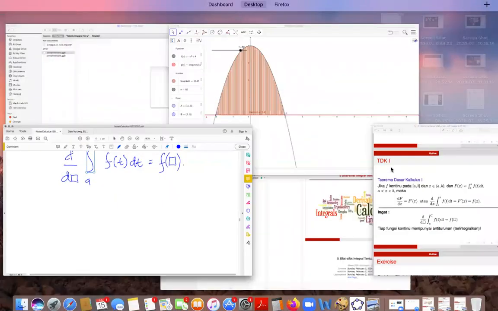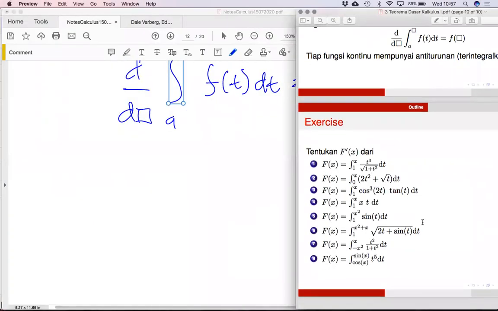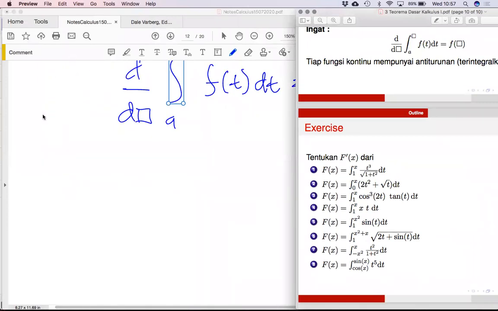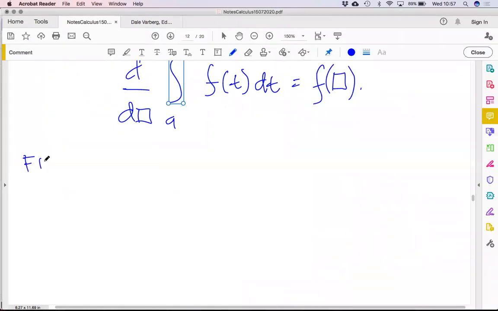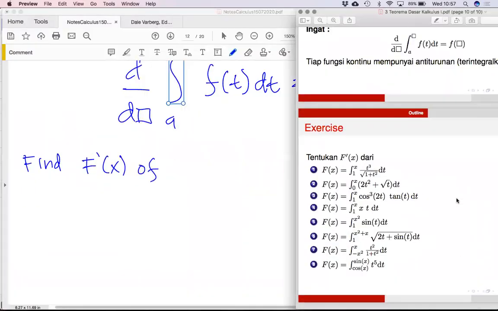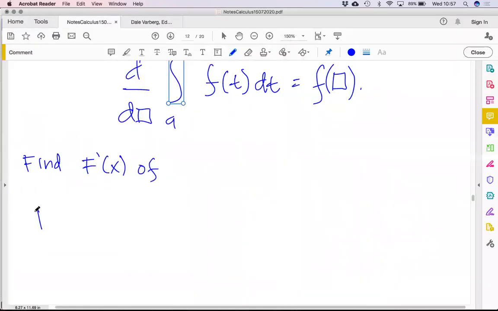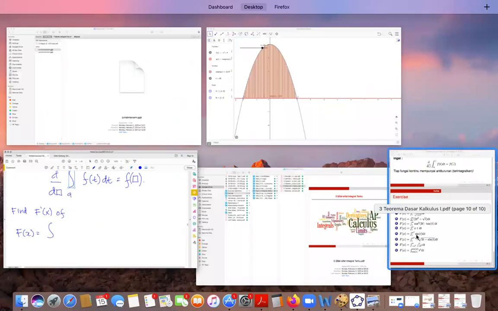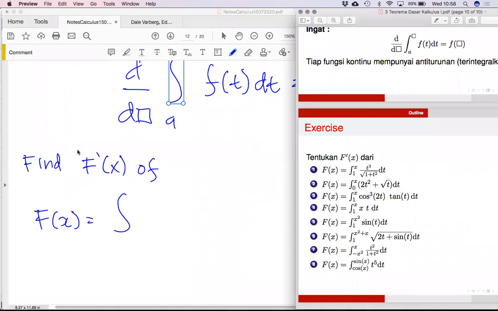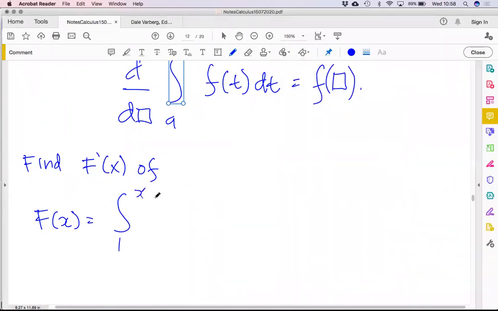Suppose I have the following function. Find f prime x of f(x) equals the integral from 1 until x of t cubed divided by 1 plus t squared dt.